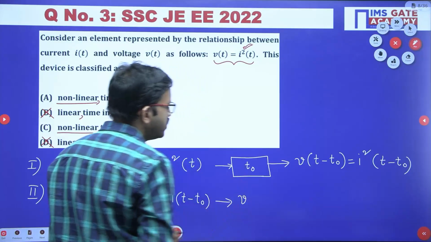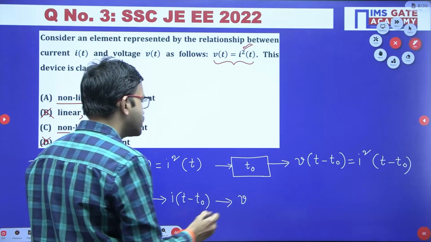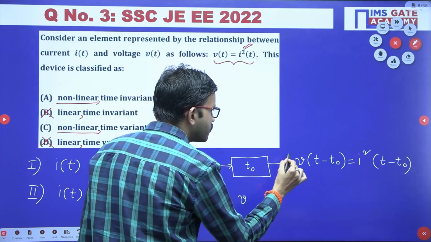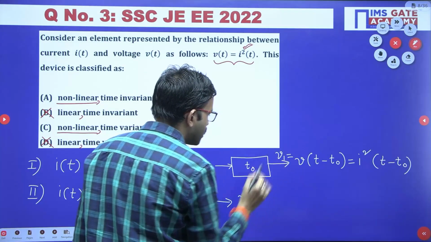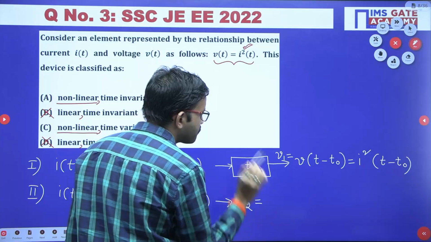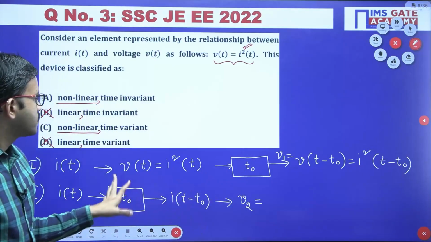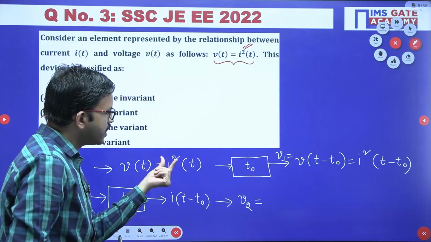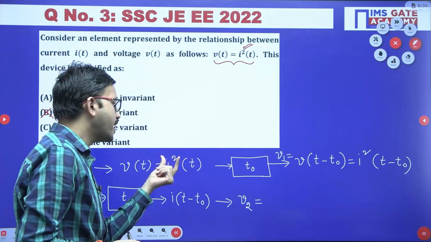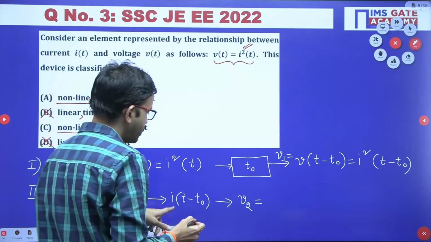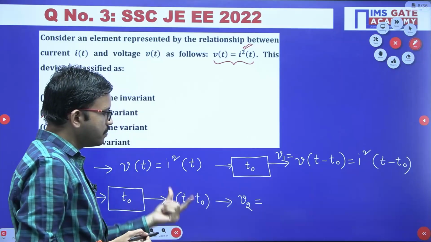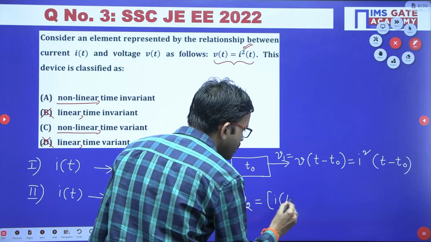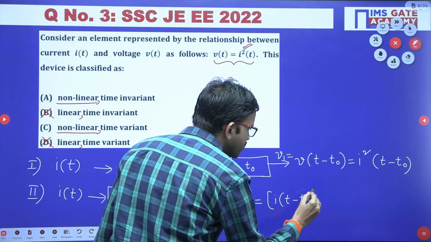In the earlier case I labeled this as V1, and now in this case I label it as V2. So V2 of t: here, in place of I square of t, you can write I of t whole square, where I of t is this entire function, I of t minus t naught, whole square.